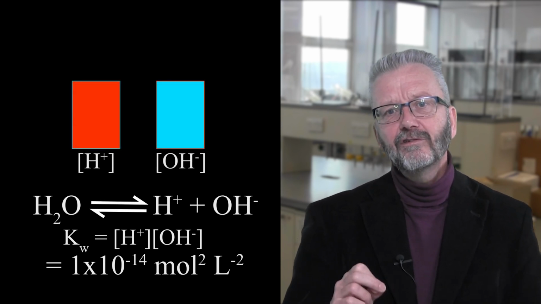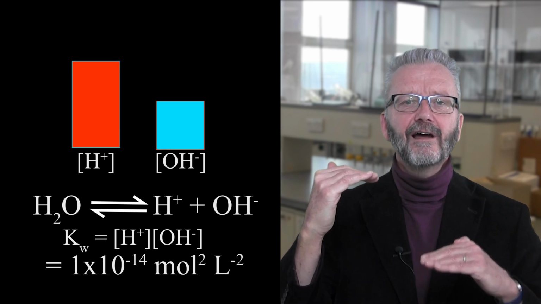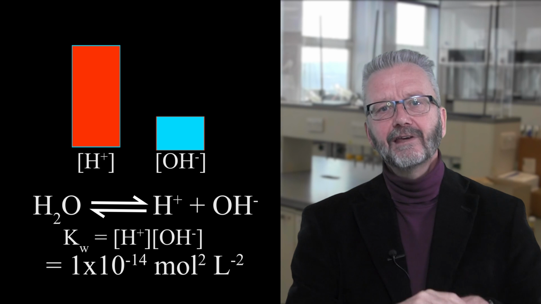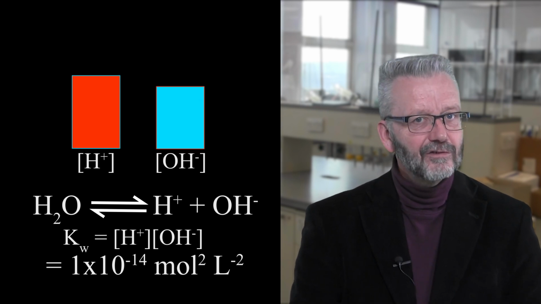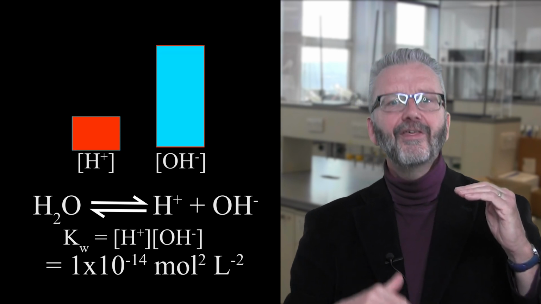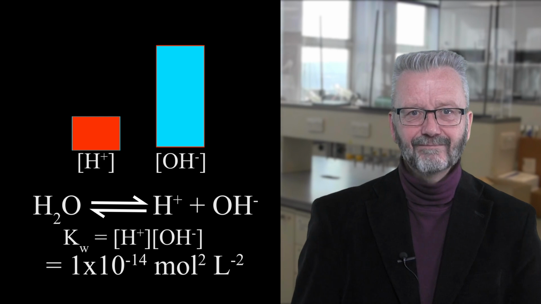This means if the concentration of H+ rises, then the concentration of the hydroxide ions must decrease. Equally, if we start again with our ions at the same concentration, if the hydroxide ion concentration goes up, the hydrogen ion concentration must go down to compensate.